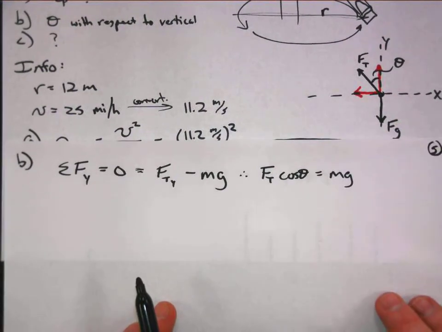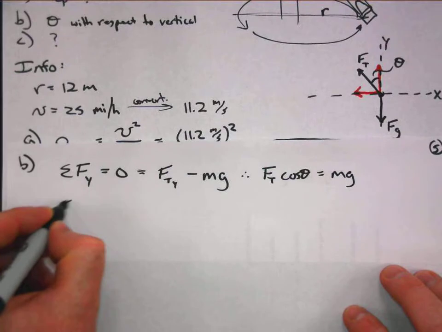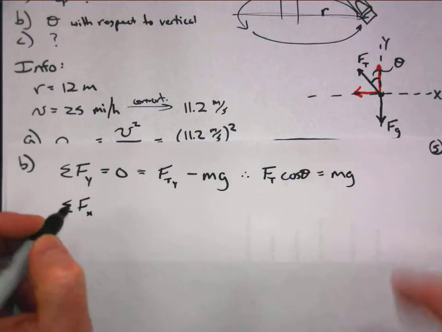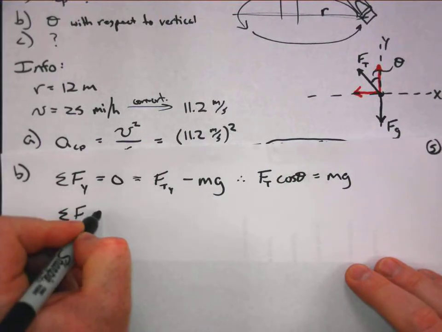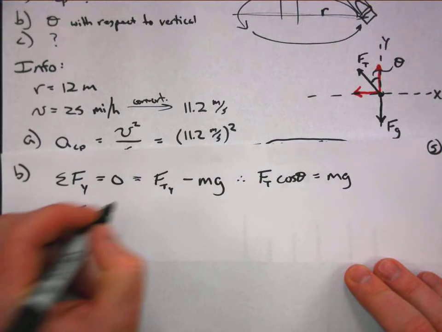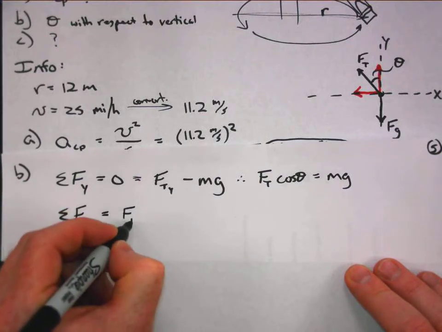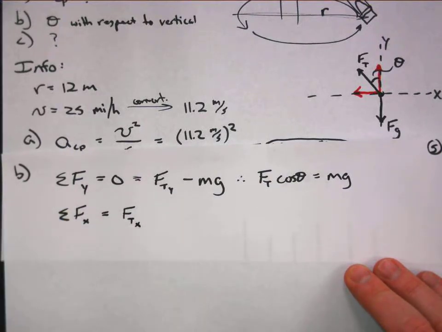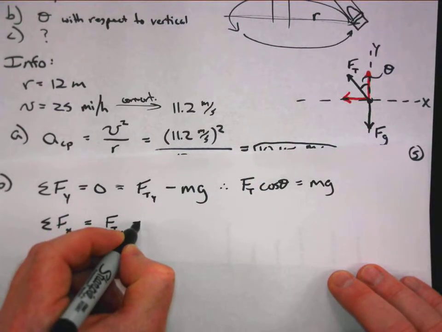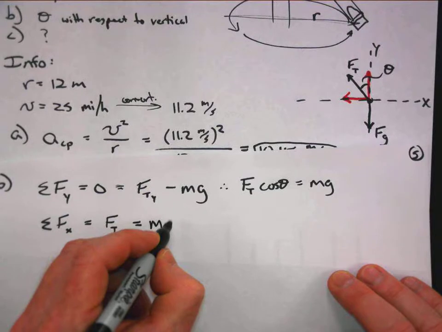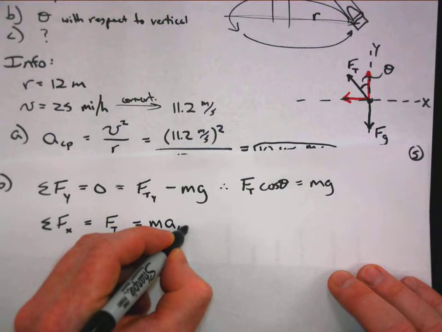However, what I can do is look at the x direction. And when I sum the forces in the x direction, I do not want 0. I need that centripetal acceleration to result. So this is going to be equal to the force of tension in the x direction, and that's it. That's that guy right there. And that is equal to the mass times the centripetal acceleration, right?